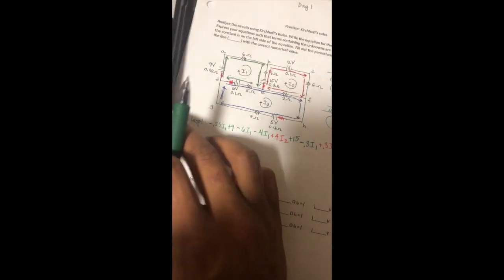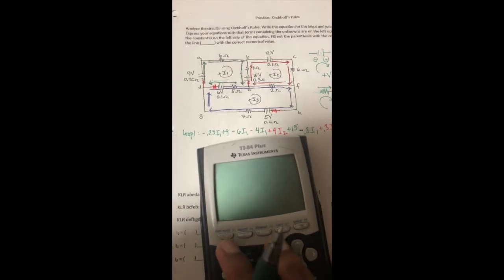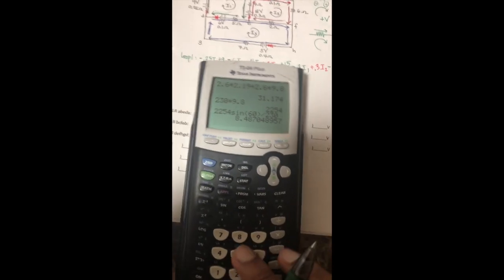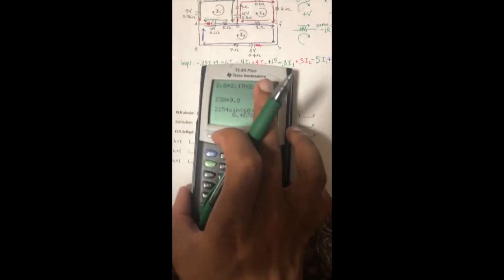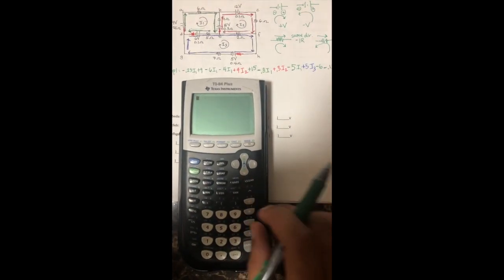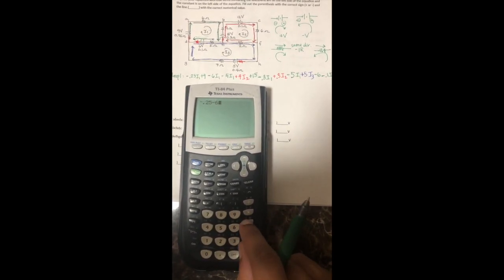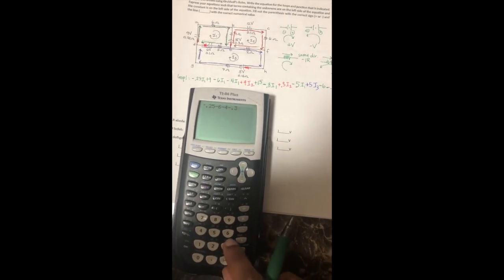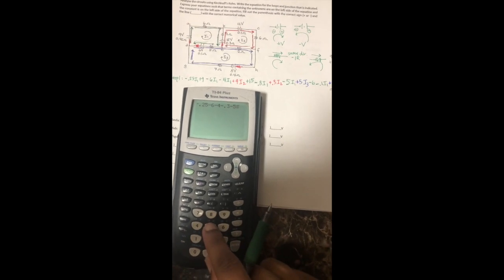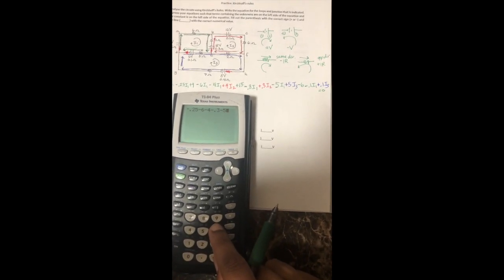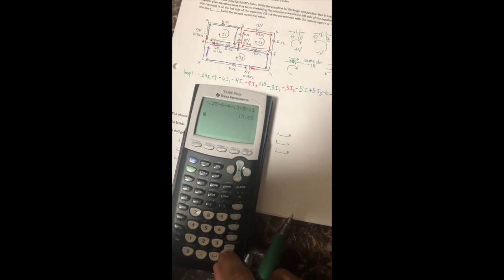So if I look at this very long equation, if I add up all my I1s, let's see if I can do this. Negative 0.25 minus 6 minus 4 minus 0.3 minus 5, and then minus 0.1. I get negative 15.65.